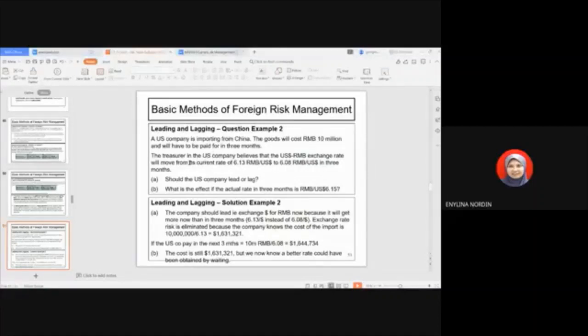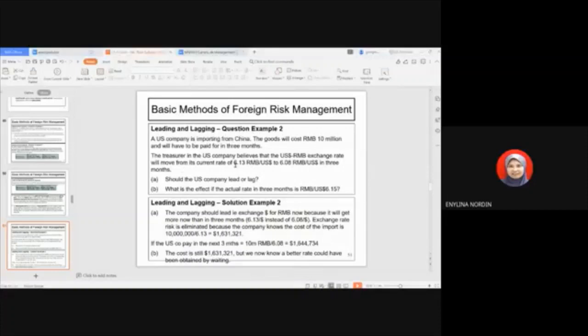The treasurer in the US company believes that the US dollar and RMB exchange rate will move from its current rate of 6.13 RMB per dollar to 6.08 RMB per dollar in 3 months' time.